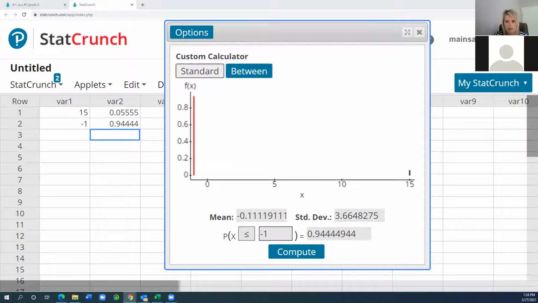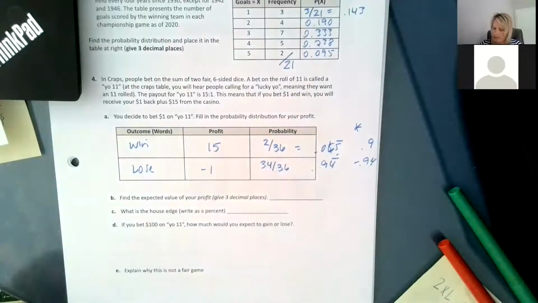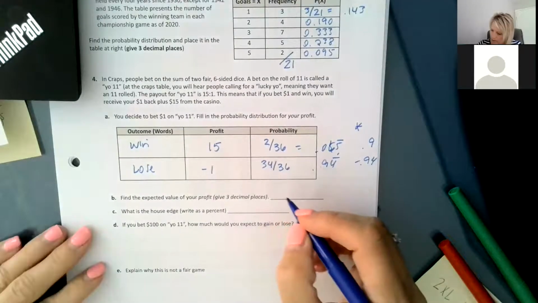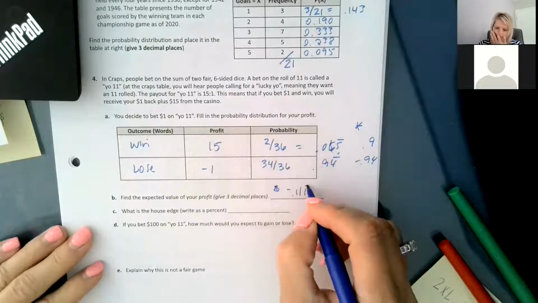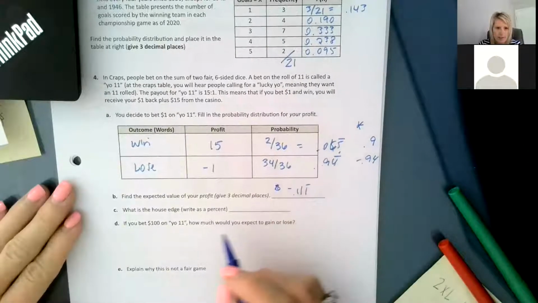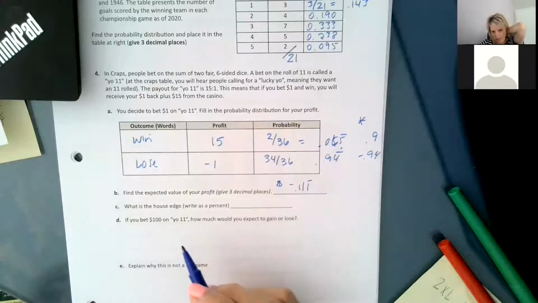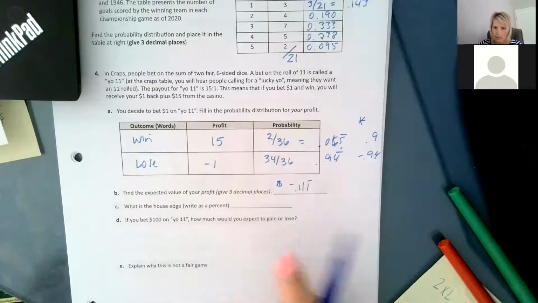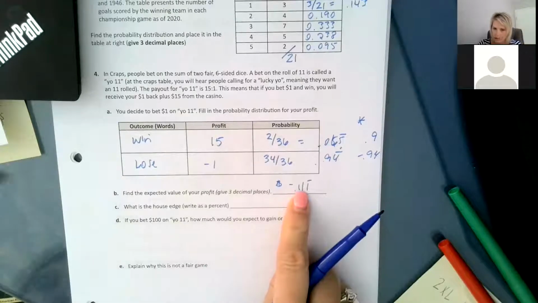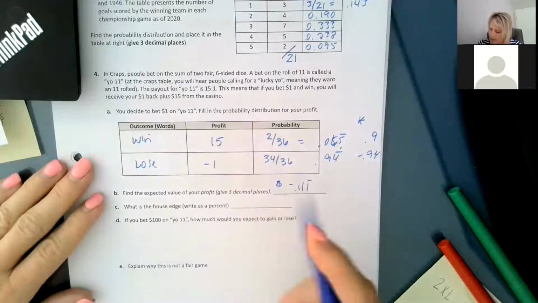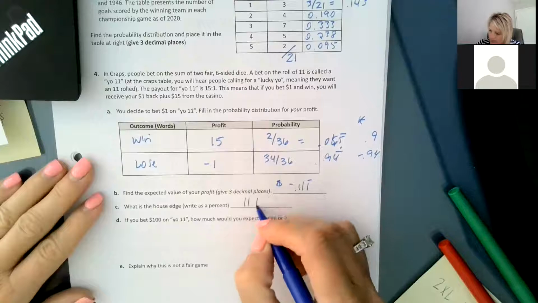So let's go back here. So it's really a loss of 11 cents repeating. So it says, what is the house edge, right, is a percent. The house edge is the percentage of what you're going to lose, basically what you're going to lose as a percent. So 11.1%.